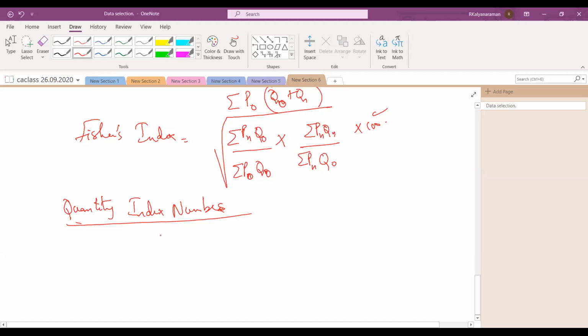So for simple aggregate quantity, the formula will be sigma of Qn by sigma of Q naught. This is a simple aggregate quantity.